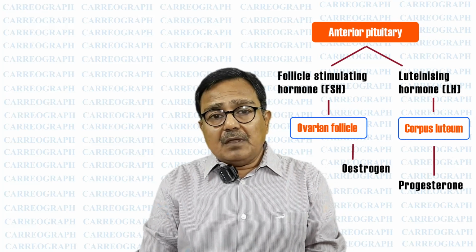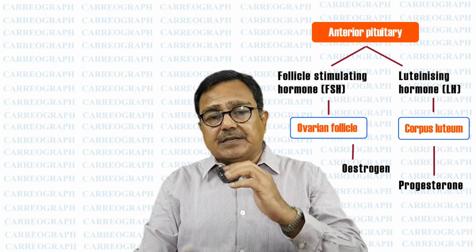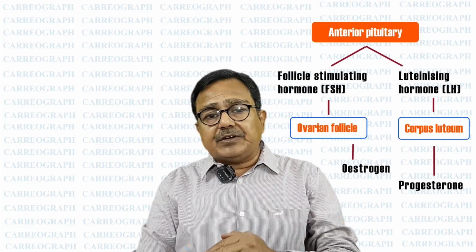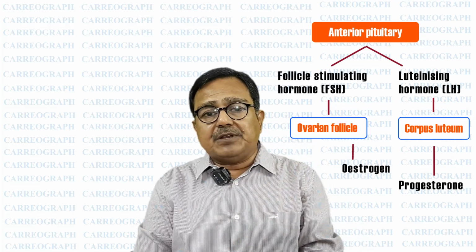Now, the level of estrogen starts increasing day by day. On day 10 or 12, when the optimum level of estrogen is achieved in the blood, there is a feedback message to the pituitary, and the pituitary starts reducing the level of FSH, and simultaneously starts producing LH, the luteinizing hormone.